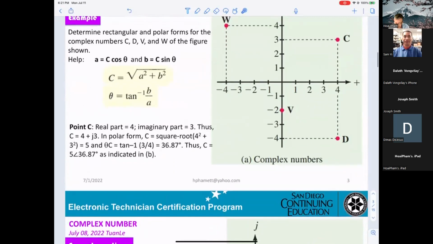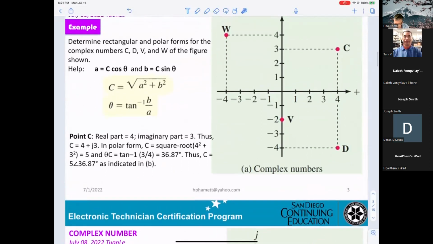Okay, go ahead and do number D for me. The thing is, you have to understand this. It's not simple, a little more complex, due to the complex number.